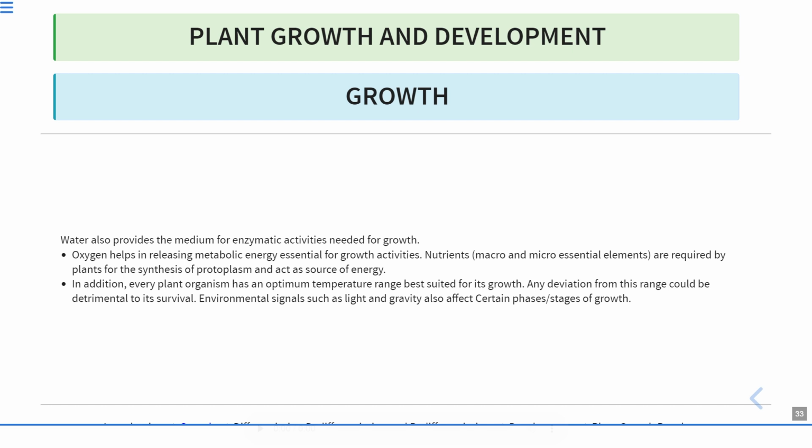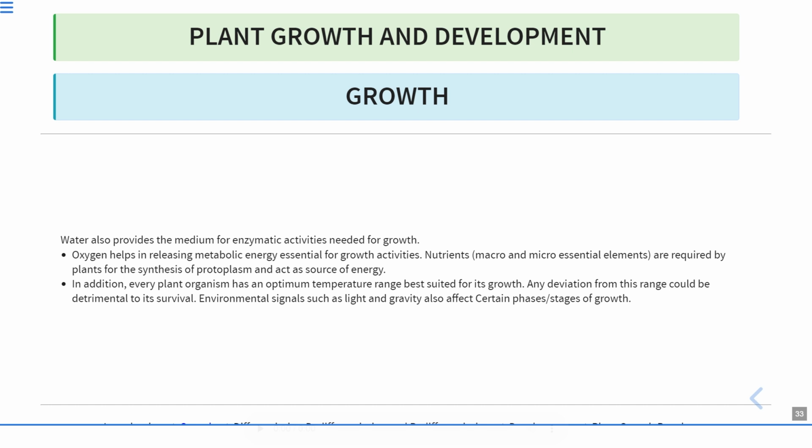In addition, every plant organism has an optimum temperature range best suited for its growth. Because you all know that there are so many enzymes required for the growth of the plant, and these enzymes work at a particular temperature, right? If you are talking about the nutrients, the oxygen, then in the same way the temperature also plays an important role in the growth of the plant.